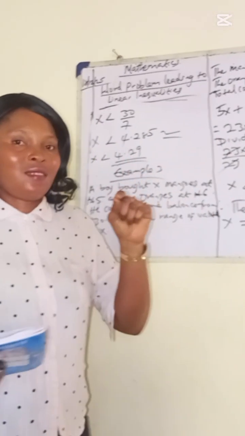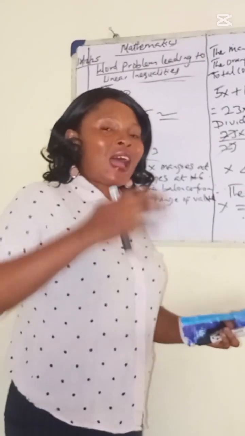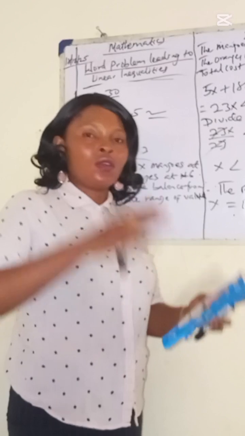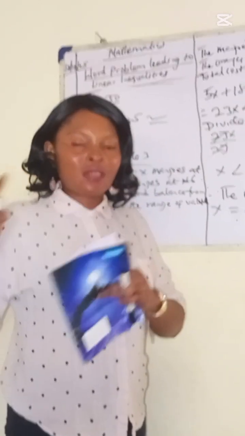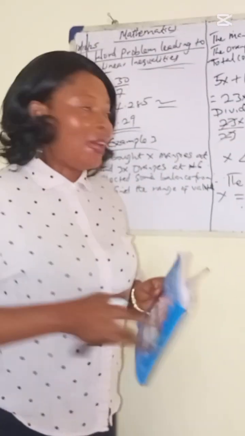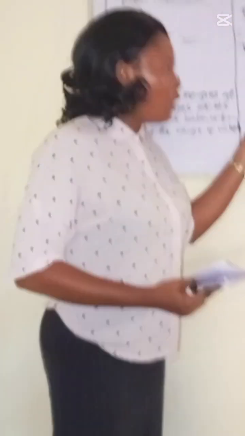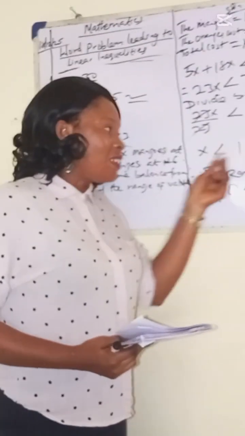Remember in our first example, we said our answer arrived at x greater than 30. And I told you that since it's greater than, it means the numbers that are above 30, so the range of value for x was 31, 32, 33, and so forth. Those are the numbers greater than 30. Now look at this, the range of value for x less than 1.30.